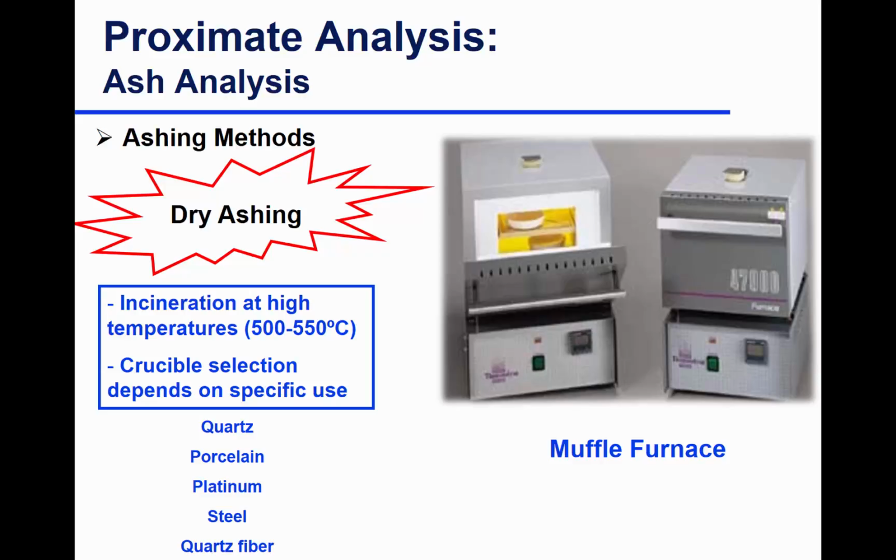It's a simple procedure. You put your sample in, usually overnight, and the following day you turn off the muffle furnace and wait a few hours to cool down. You do not want to go in and get your samples out when it's too hot. Then you take your samples out, put them in a desiccator, wait to cool to room temperature, and take your measurements.